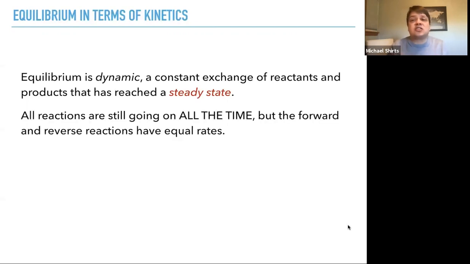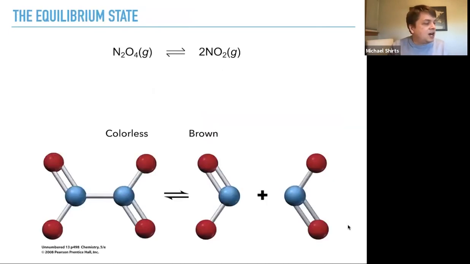All the reactions are still going just as fast as they were at the beginning, but the forward and reverse reactions have equal rates. So there's no net change in the amount of reactants and products. Each individual molecule is going back and forth between the two, at a rate determined by the kinetics of the problem. But if you look macroscopically, you'll just see an amount that doesn't change.